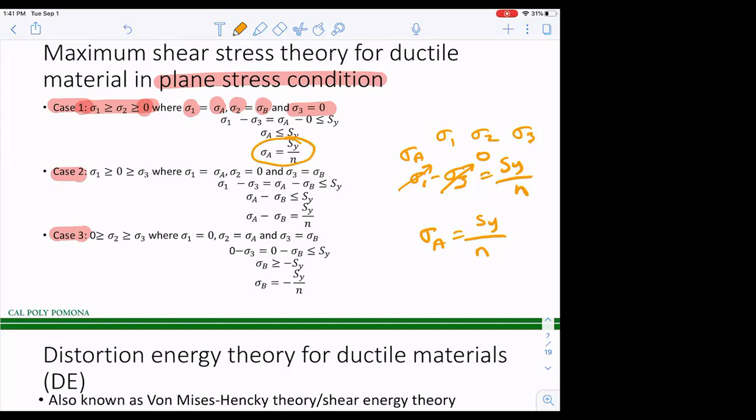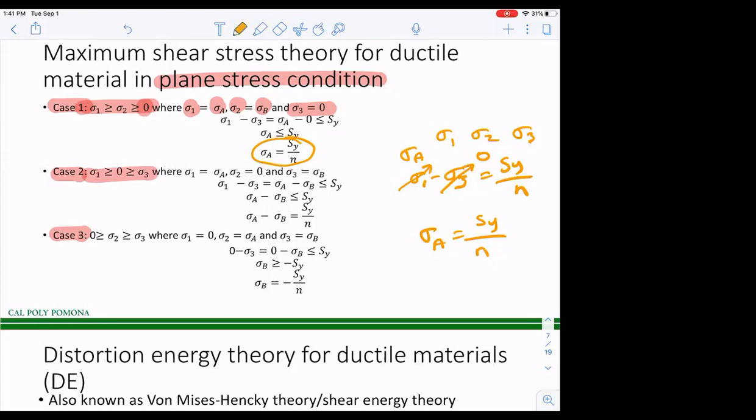Again, for your second case, if you have one of the principal stresses to be tensile, the other principal stress will be compressive. So your case will be something like this: sigma 1 is greater than 0, but 0 is greater than sigma 3.